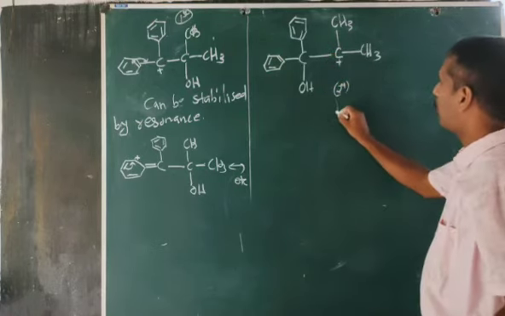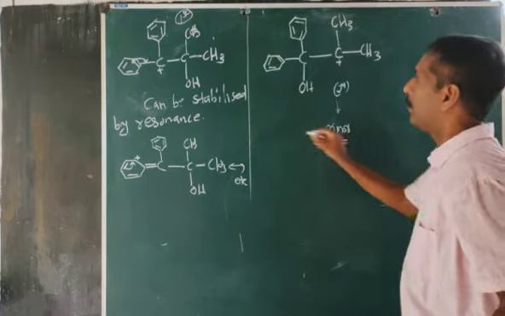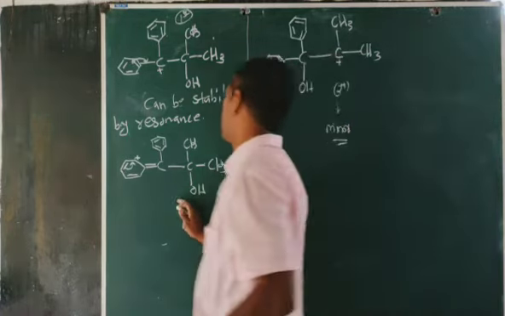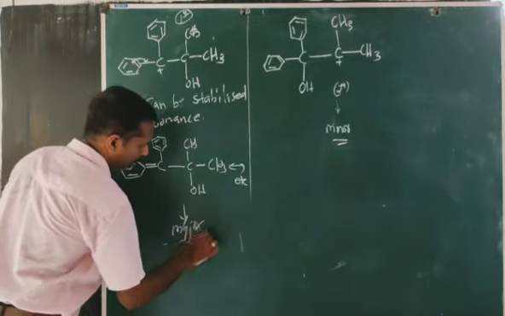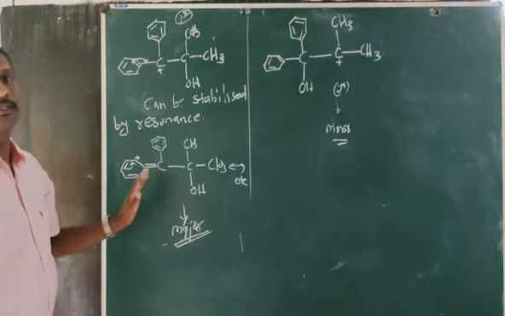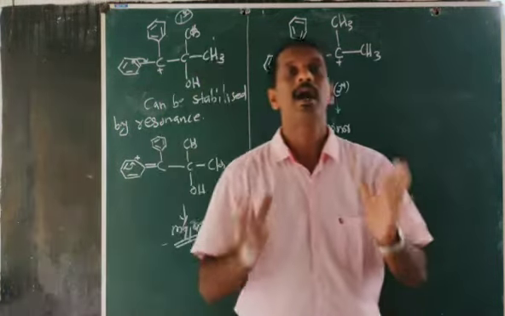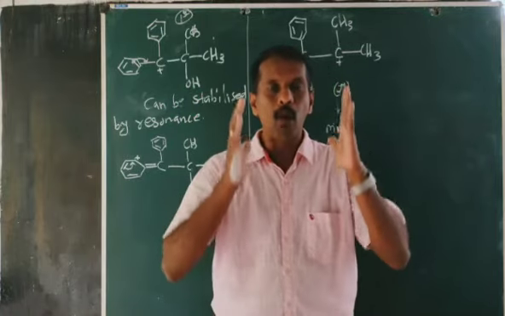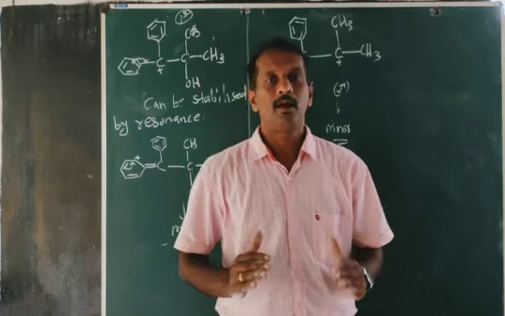So the product formed from this carbocation is minor, and the product formed from this carbocation is the major product. Okay, so this is the case when we take unsymmetrical 1,2 diols. Clear? Okay, thank you.